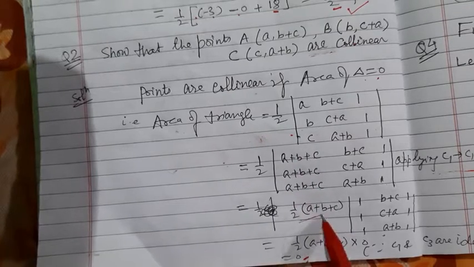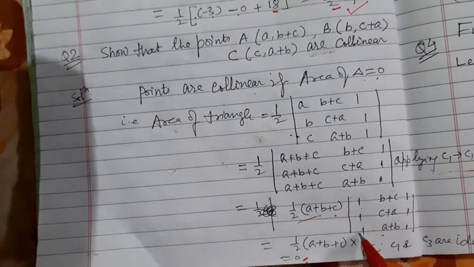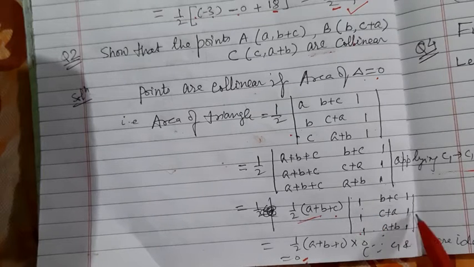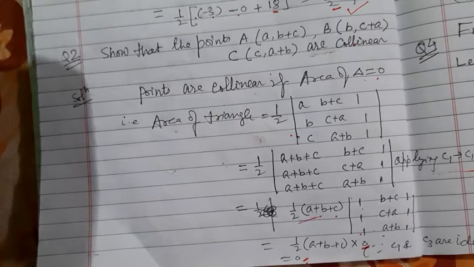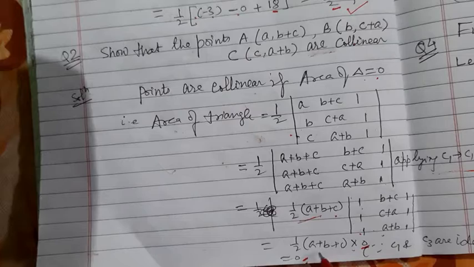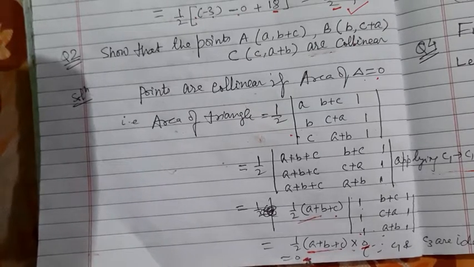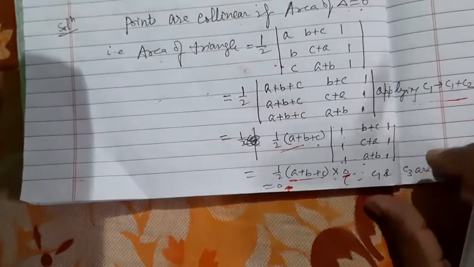Then you get 1/2 (a plus b plus c) times the determinant, and we see that since C1 and C3 are the same, as you know by property, if two rows or two columns are identical, then the value of that determinant is equal to 0. So you get 0, and multiplying by 0 you get 0. Since the area of the triangle is equal to 0, you can say the given points are collinear.